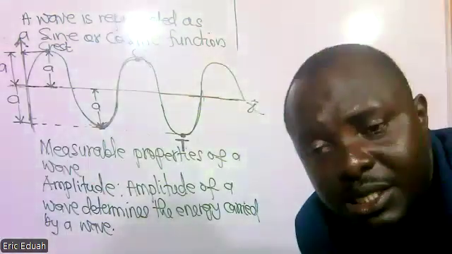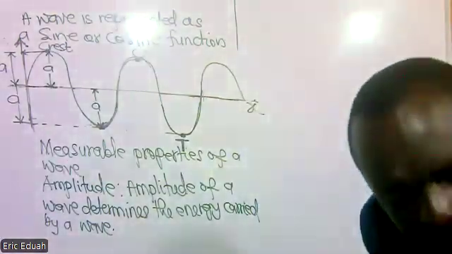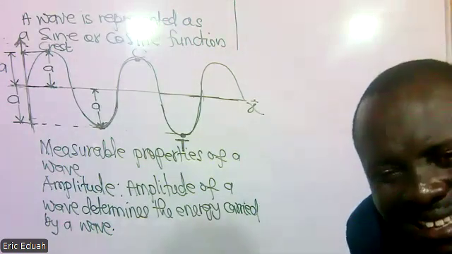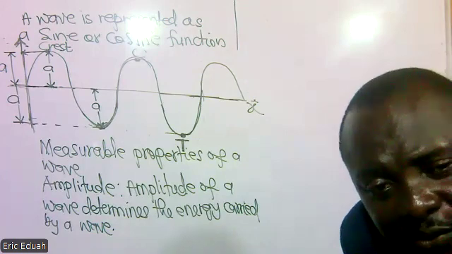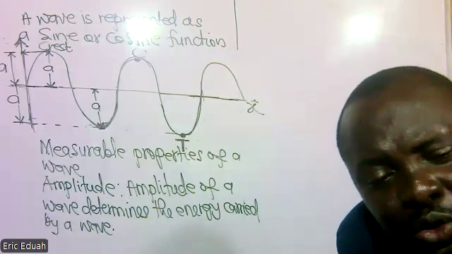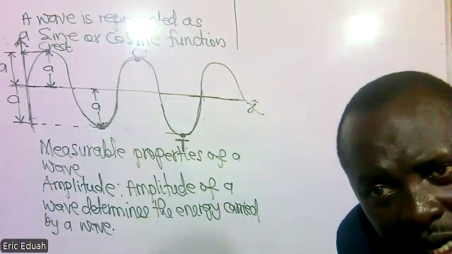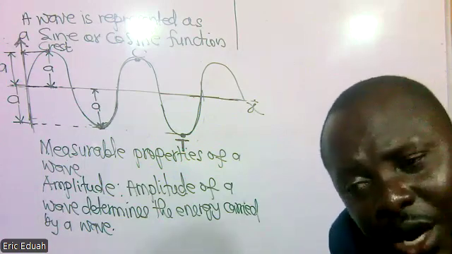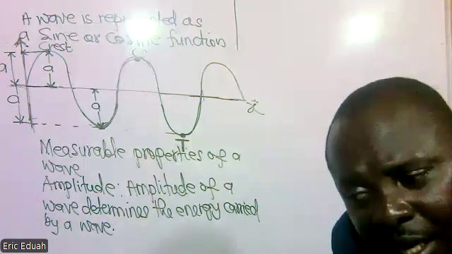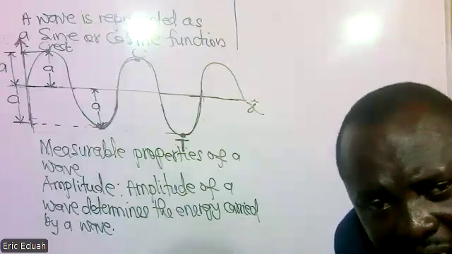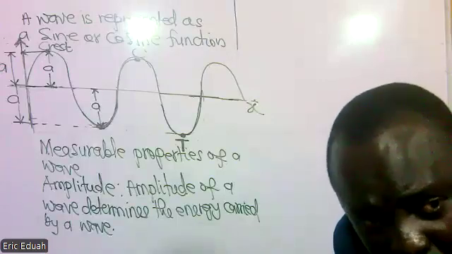Okay. So the amplitude determines the energy carried by a wave. Let's be practical. When you visit the seashore and you see the ocean wave coming, the height from the water surface to the wave itself will determine whether you are to run away or meet the wave. Some waves are such that, from the water surface, their height is very high. What you see on the surface of the water is actually the amplitude.